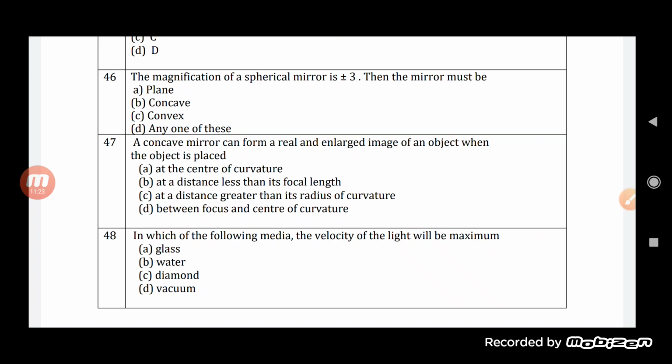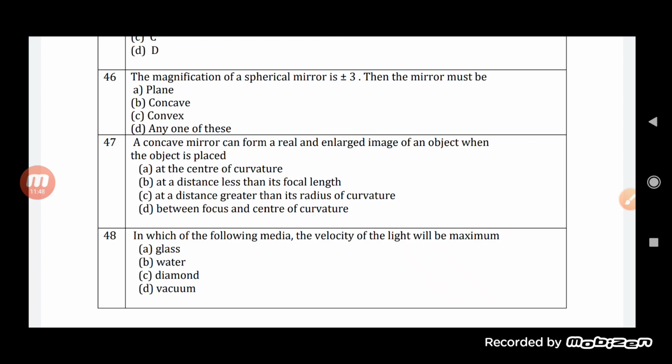If the distance is greater than the radius of curvature, meaning beyond C, then the image will be diminished. Between focus and the center of curvature, the image will be enlarged and real also. At a distance less than its focal length, meaning between the optical center and the focus, the image will be enlarged.